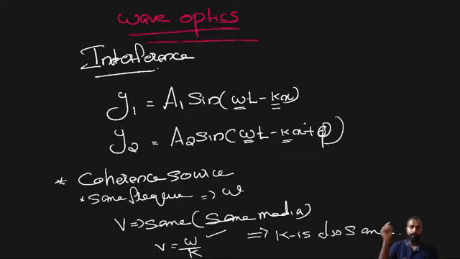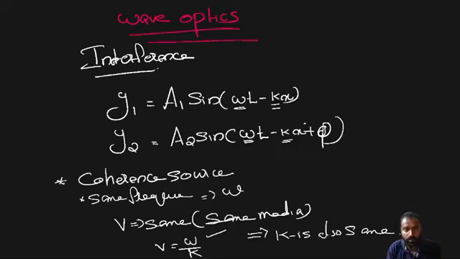Even if the time is changing, the phase difference won't change. If you measure a phase difference at time t equal to 0 seconds, after time t seconds also, the phase difference of the two light rays should be the same as at time t equal to 0. Such sources are coherent sources.